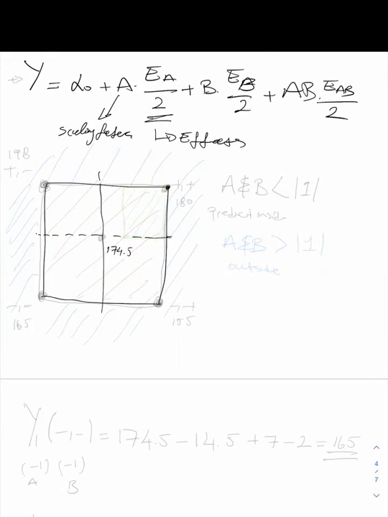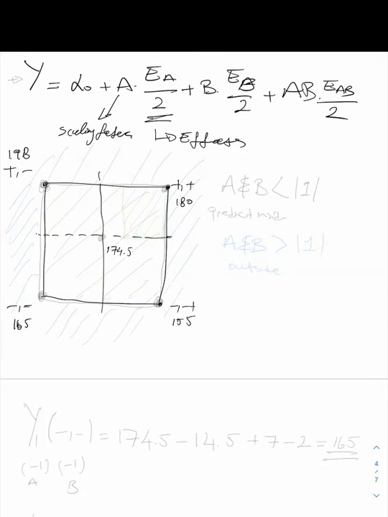You're going to have your plus corner, that's going to get you 180. You're going to have minus plus corner, that's going to get you 155. You're going to have your plus minus corner, that's going to get 198. And you're going to have your minus corner, that's going to get you 165.